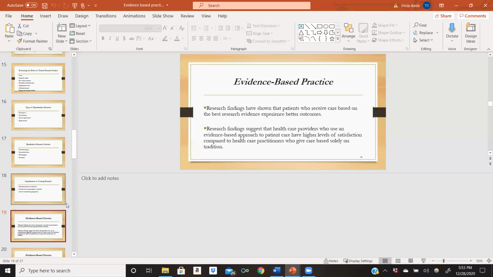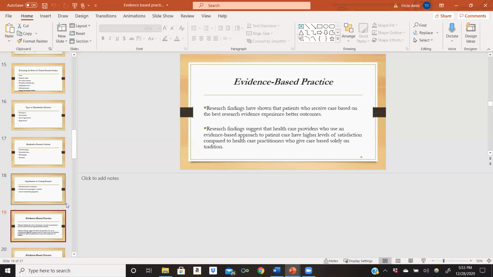Research findings have shown that patients who receive care based on the best research evidence experience better outcomes. Research findings suggest that healthcare providers who use an evidence-based approach to patient care have higher levels of satisfaction compared to healthcare practitioners who give care based solely on tradition.